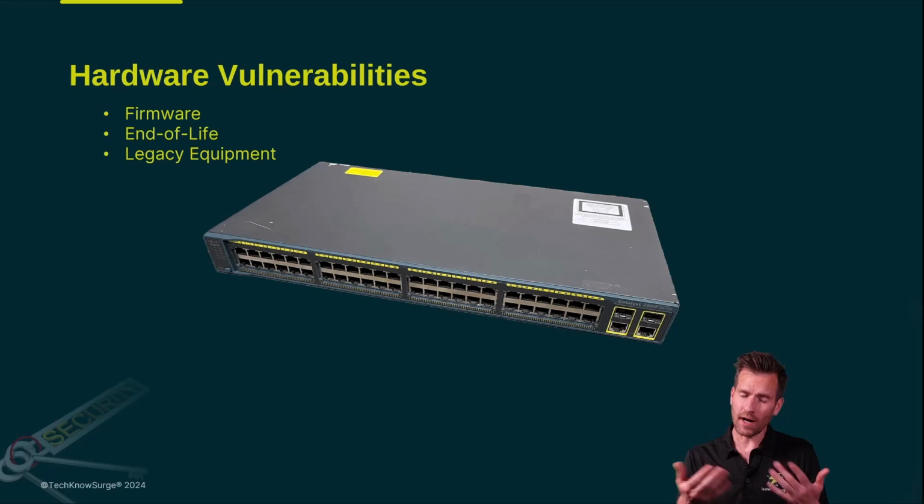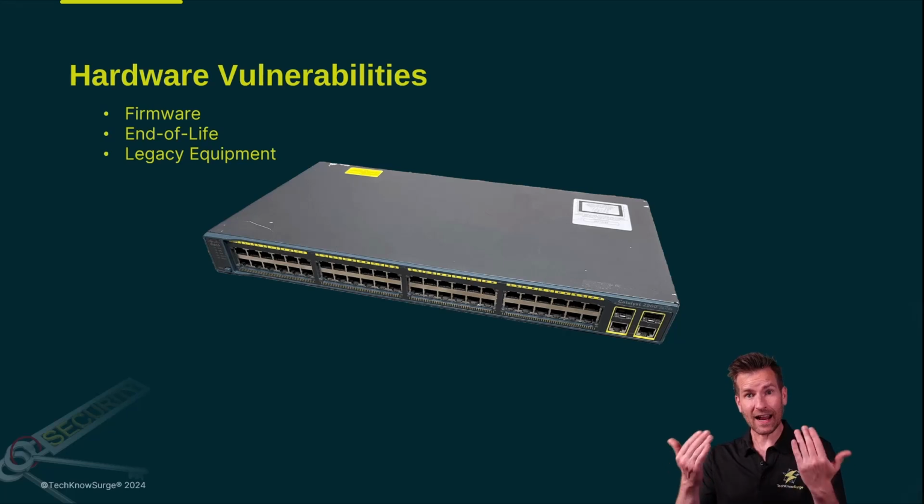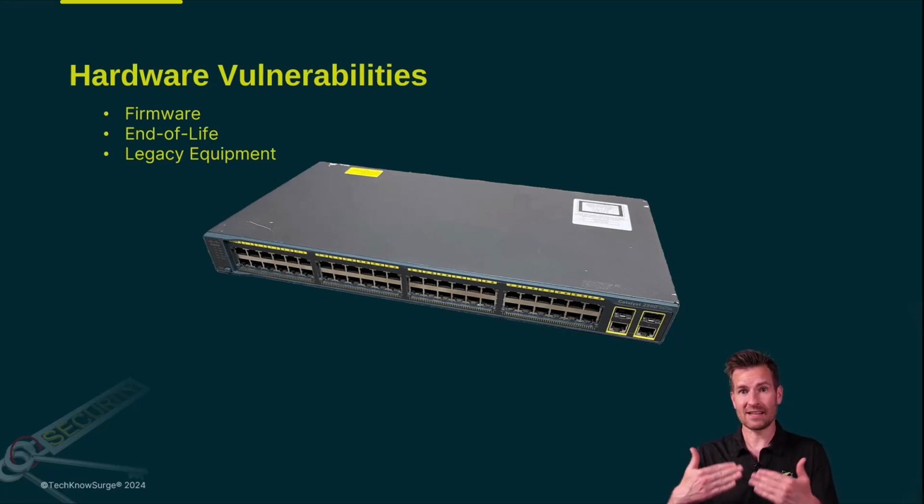Of course, firmware also gets a little bit back to that software side of things. But this hardware can also become out of date. It becomes end of life and becomes legacy equipment, outdated equipment that's no longer getting updates. So if they were to find a security issue on end of life appliances, it doesn't get updated, and therefore that security vulnerability just lasts on that equipment.